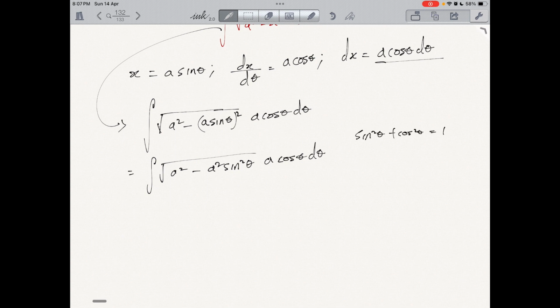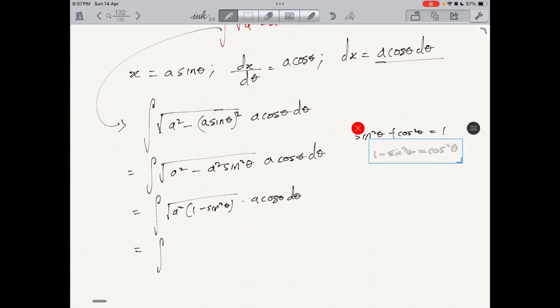Now we know that sine squared theta plus cos squared theta is equal to 1. Therefore 1 minus sine squared theta is equal to cos squared theta. Now factorizing by a squared, we'll have the square root of a squared times 1 minus sine squared theta, multiplied by a cos theta d theta. Since 1 minus sine squared theta is equal to cos squared theta, this becomes the square root of a squared cos squared theta multiplied by a cos theta d theta.